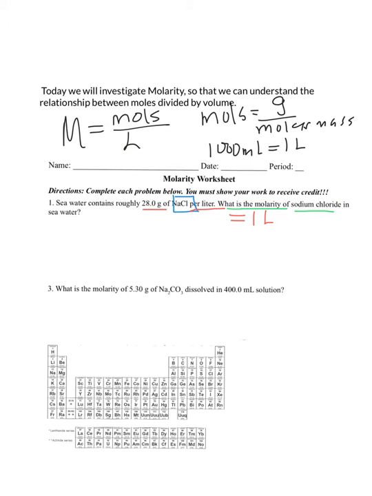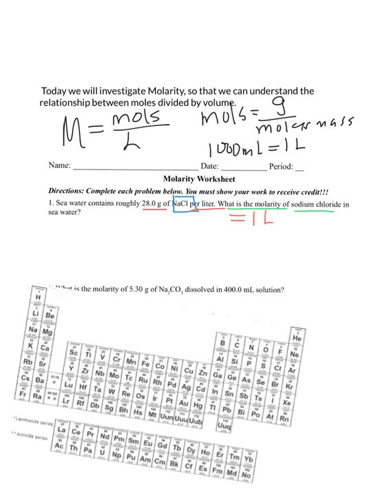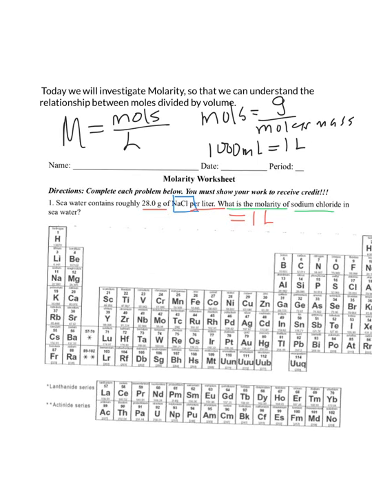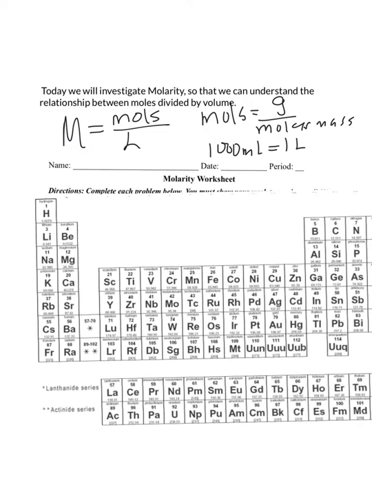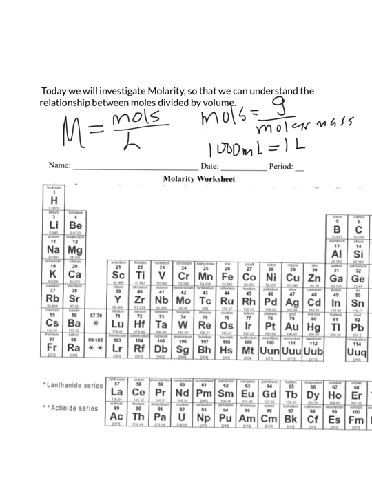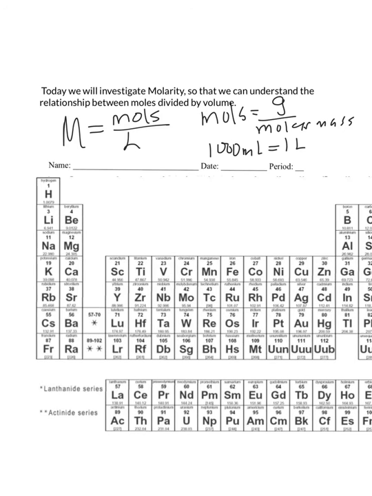All right, so let's take a look at this. Our formula is sodium chloride. If we look, we have to find the molar mass of sodium chloride in order to be able to convert grams to moles, we have to divide by molar mass.